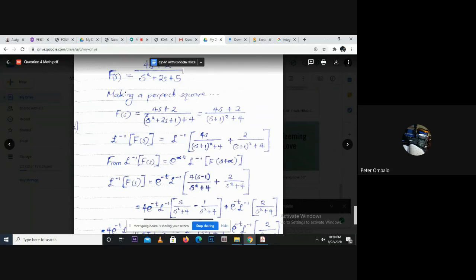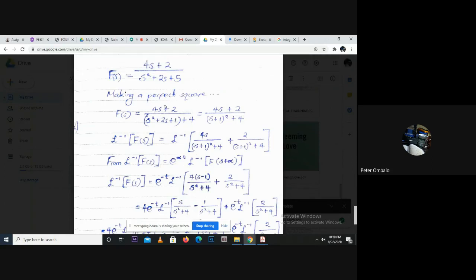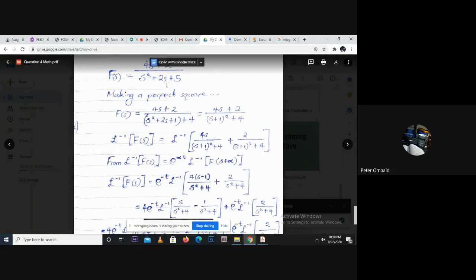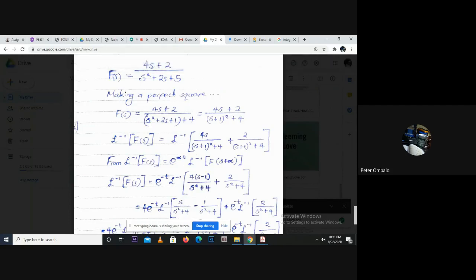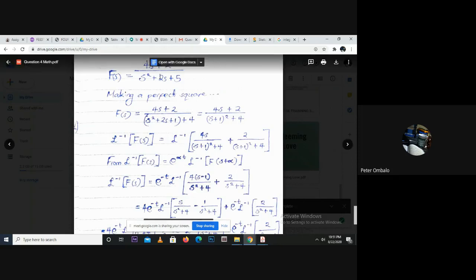The easiest way to express it in terms of a multiple of fractions is to find the perfect square, but we're not going to change the meaning of everything that's in the denominator. So s squared plus 2s. To find the perfect square, it's this b term: b over 2, all squared.